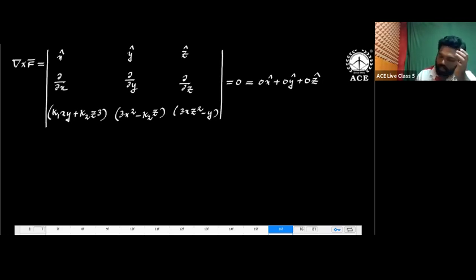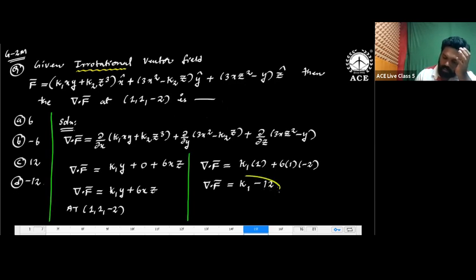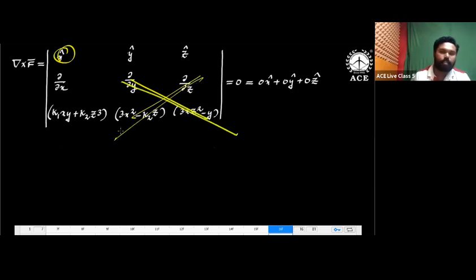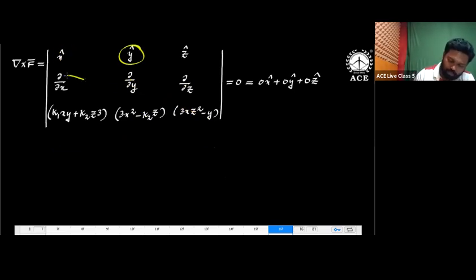So what is required for us? The K1 value is required. To search for the K1 value, I'll equate the components on both sides. What is the x component here? This into this minus this into this. There is no K1 value. Now the y component: this into this minus this into this.